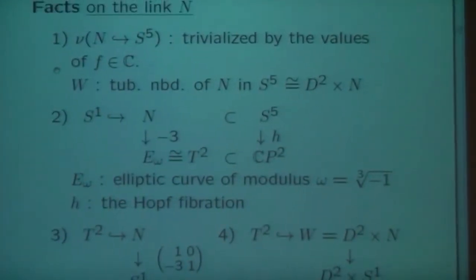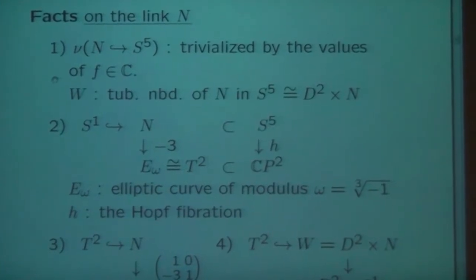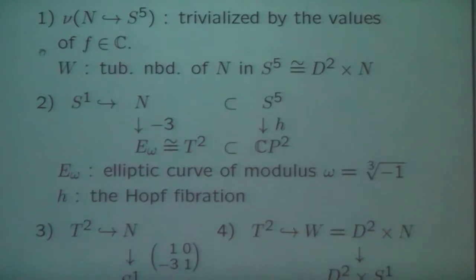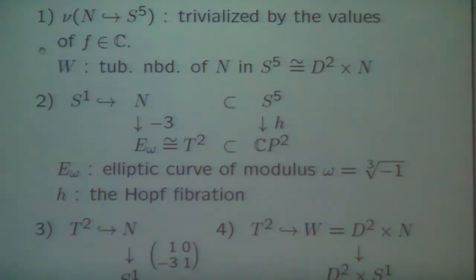Anyhow, we have two coordinates here and one coordinate x here, and this is a T2 bundle over a circle with that kind of monodromy. So this is the structure of the link of the singularity. Is it all right so far?